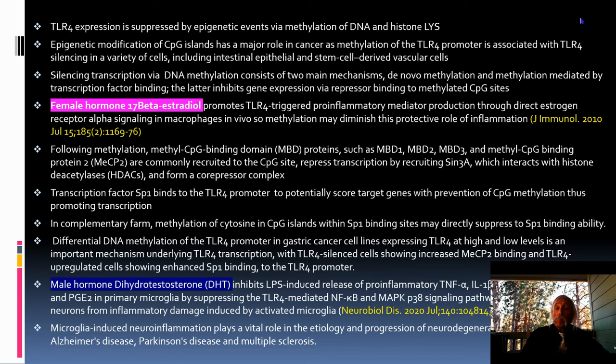Okay. As methylation of that, wait for it, toll-like receptor 4 promoter, that means for the expression, transcription of the gene, is associated with toll-like receptor 4 silencing in a variety of cells, including intestinal, epithelial, and stem cell-derived vascular cells.